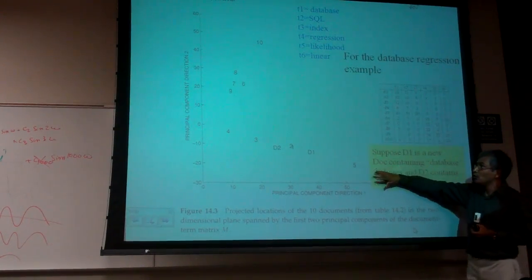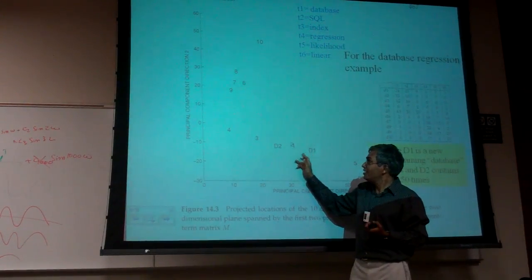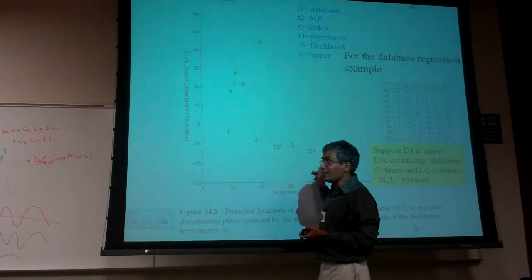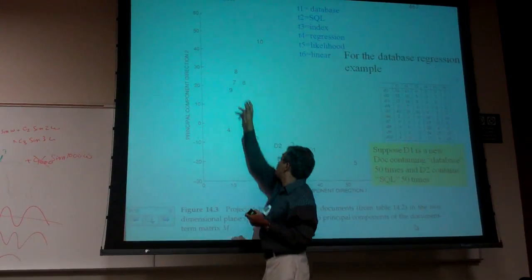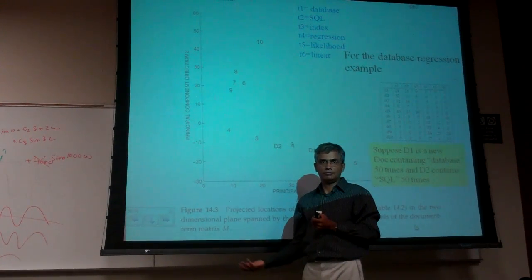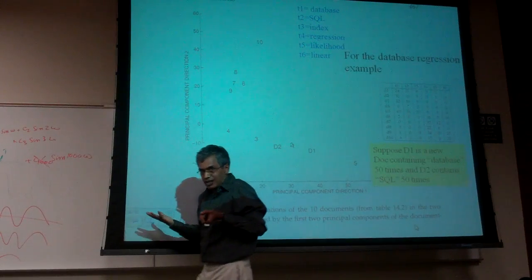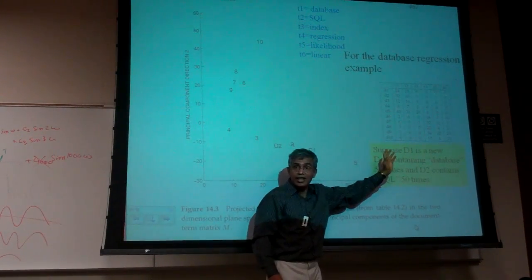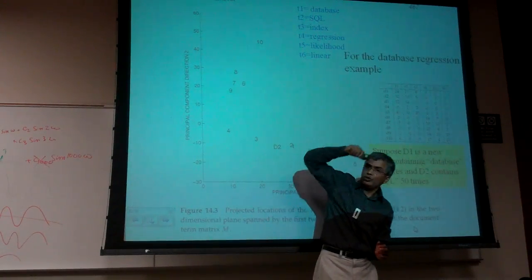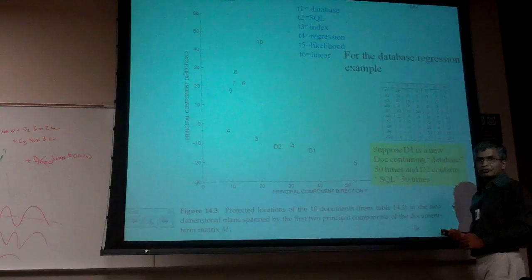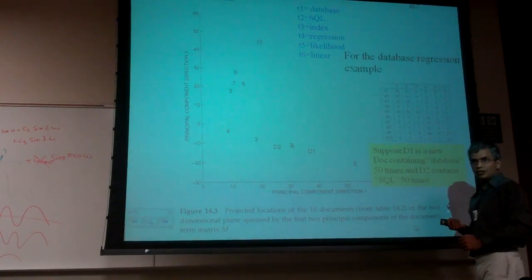What is it close to? So D1 will come plunk fall here. If you take cosine theta between D1 and any of these guys, that would be larger than cosine theta between any of these guys and D1. Right? So you did capture that already. Okay. So how did I capture this? I essentially took my query and I took it into the vector space.